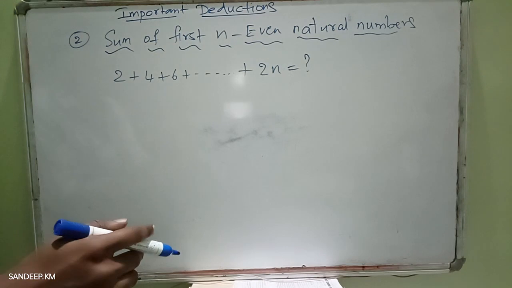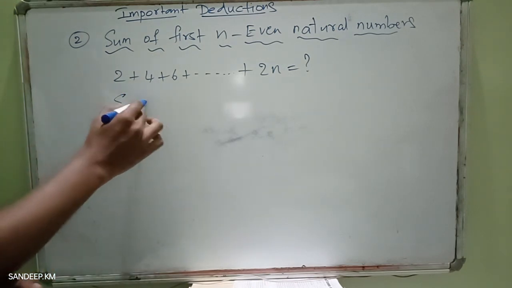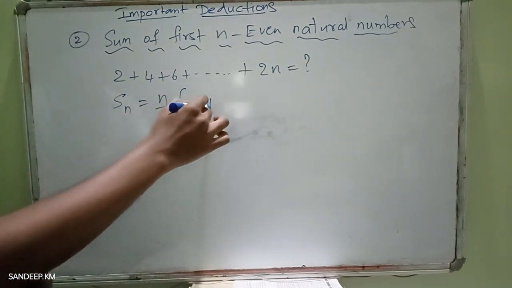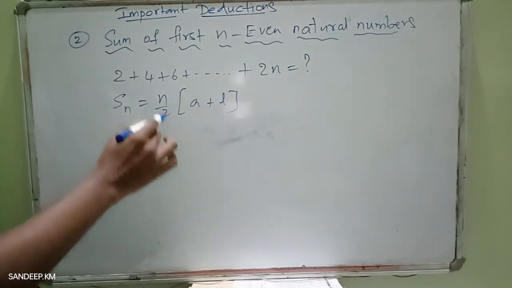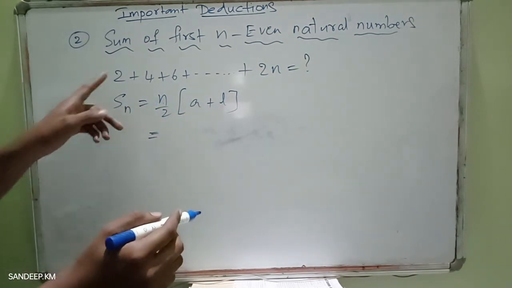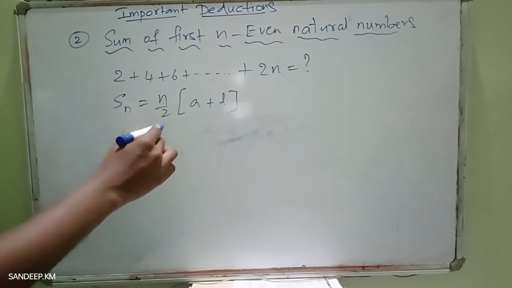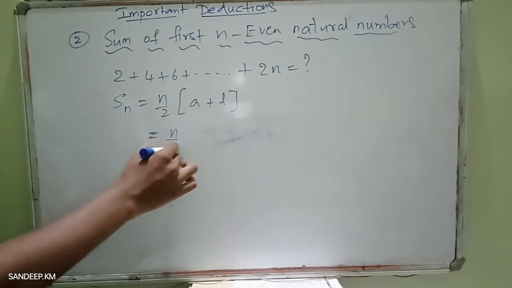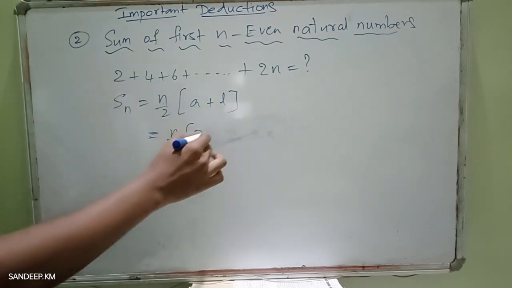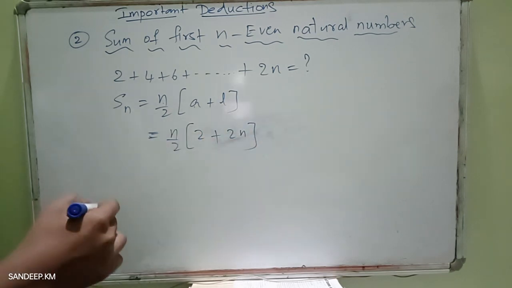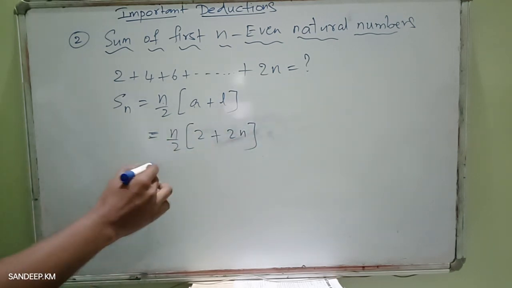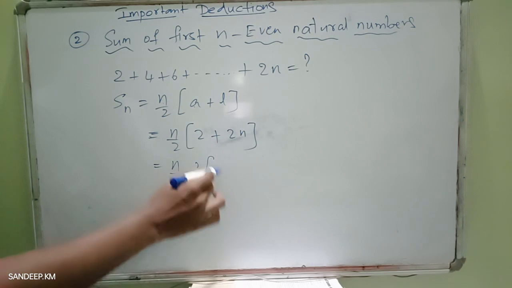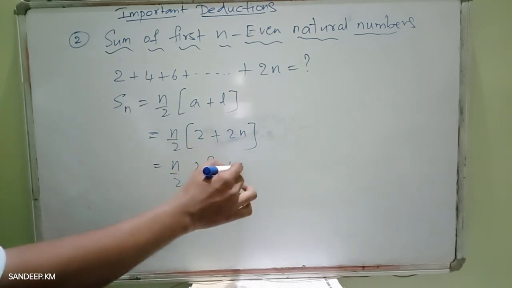Very simple. Again, I'll use the Sn formula as n by 2 into the first term plus last term. Here the number of terms is not 2n. We are adding the first n even natural numbers, so the number of terms is n only. The first term is 2 and the last term is 2n. You can take 2 common, and here I will have 1 plus n.